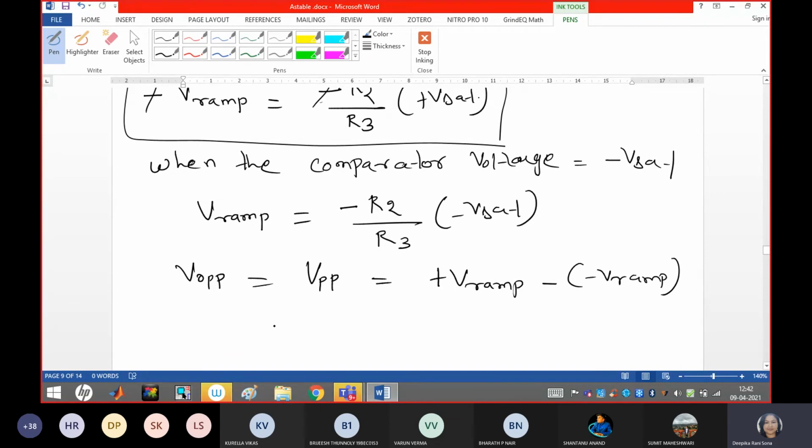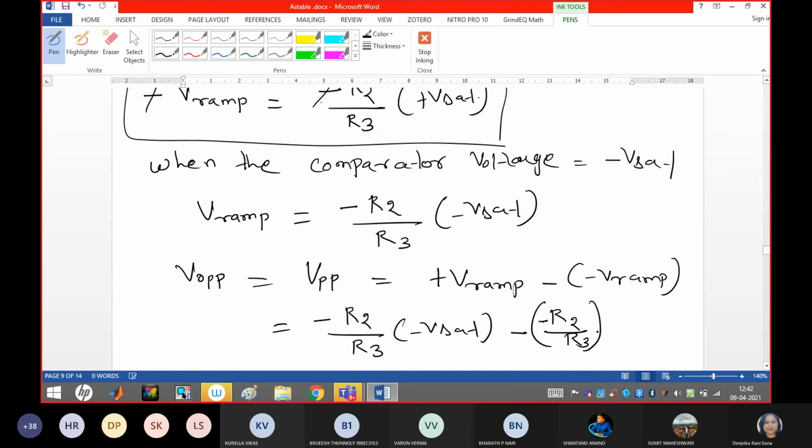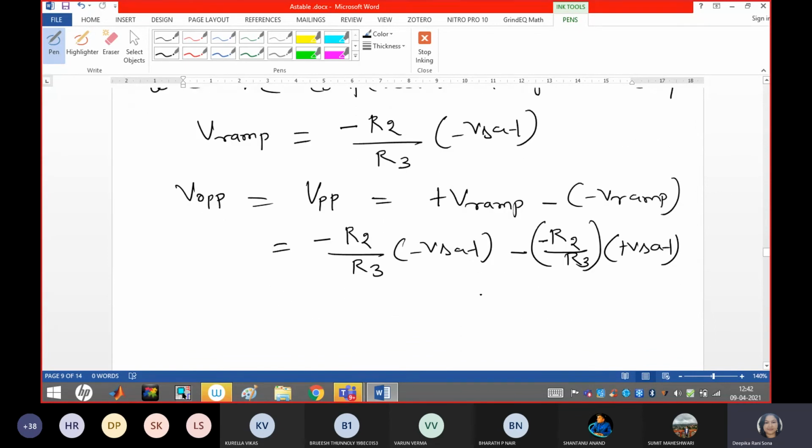So now if I combine my equation, already the minus V ramp you know, and now we are writing the plus V ramp. So at this point, minus of R2 by R3 into minus V set, minus of again R2 by R3 into plus V set. Now solve this and tell me, guys, what will be the final equation.